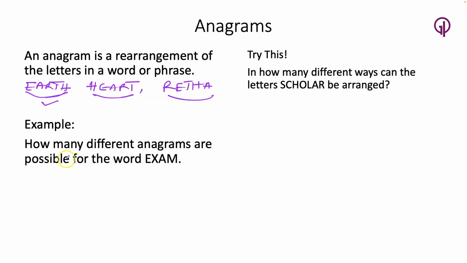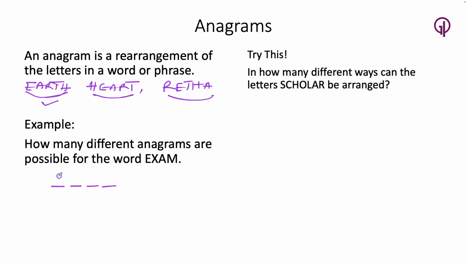Now let's look at this example. It says how many different anagrams are possible for the word exam. Now bear in mind that we are using factorials to solve these questions. And so here you have these slots. Now here you have four distinct letters.